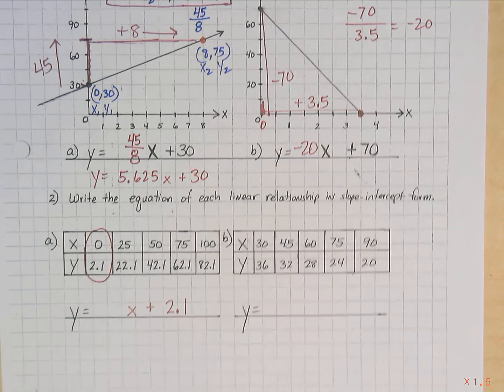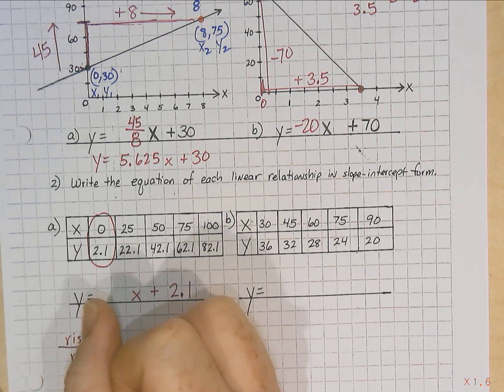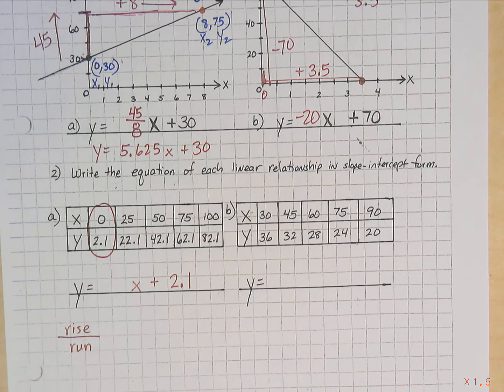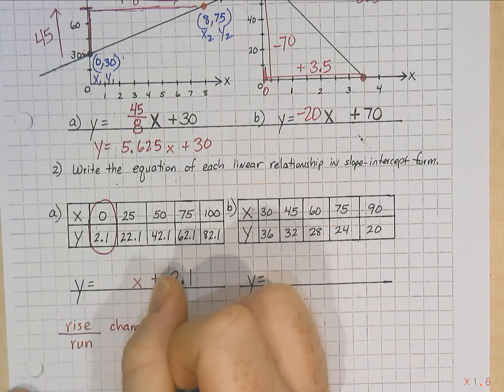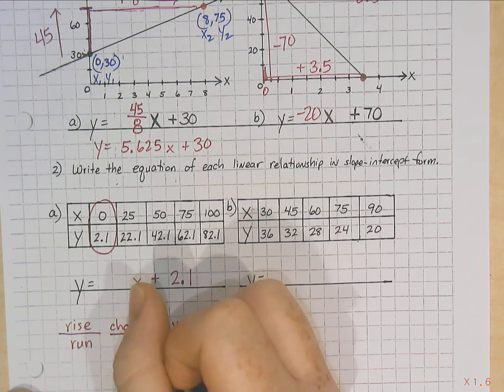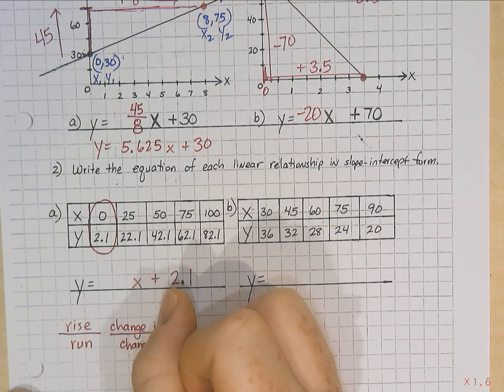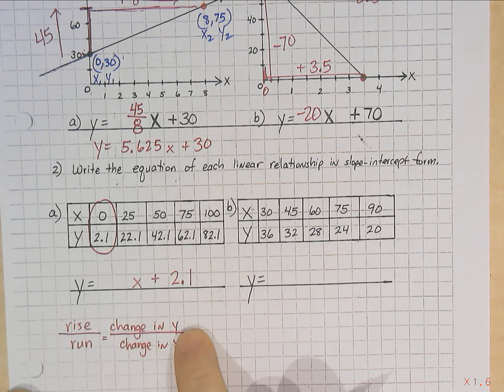But we know that the slope is rise over run. Or in other words, it's the change in y values over the change in x values. So let's take a look.